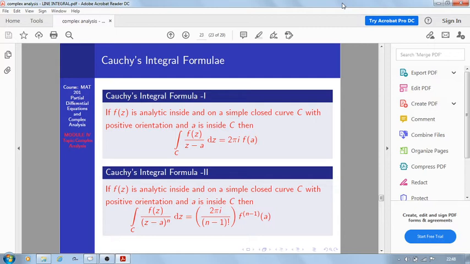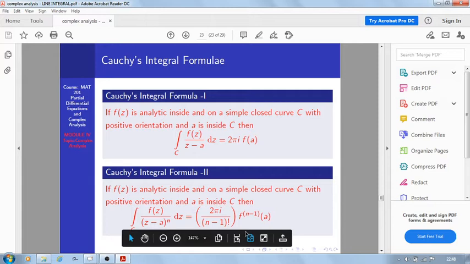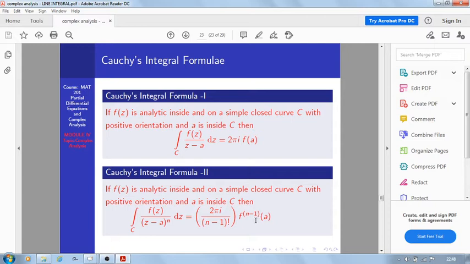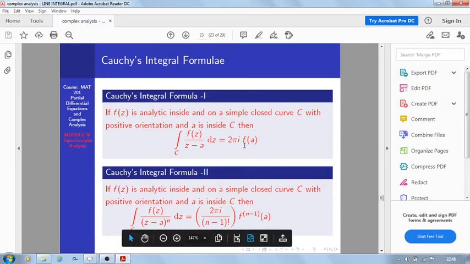Now the Cauchy's integral formula for derivative of an analytic function is integral over C f z divided by (z minus a) whole raised to n dz will be equal to 2 pi i by (n minus 1) factorial, the (n minus 1)th derivative of f evaluated at a. So here this is the case for n is equal to 1.